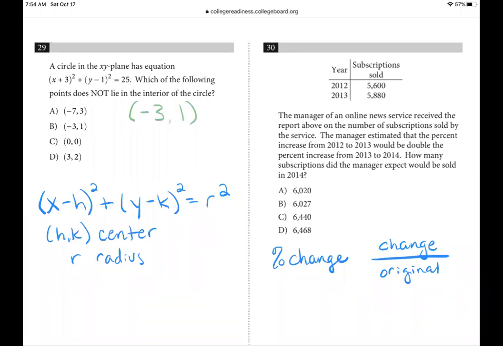Based on the formula, x minus h, if it's x plus 3, then x minus -3, the -3 would be the x value of the center of the circle, and then 1 would be the y value of the center. And it's equal to 25, which means our radius is 5. So basically what we want to do is see which one of these points is not within that 5-unit radius from the center of the circle.